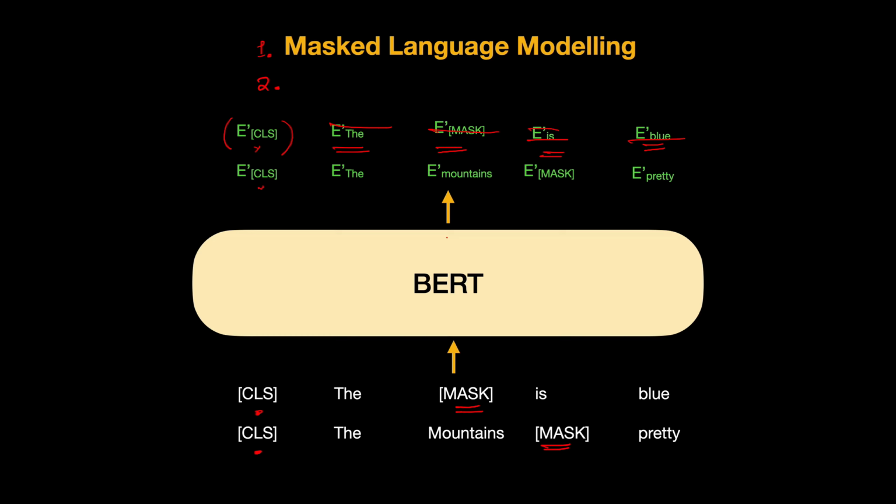But before I tell you that, I want to encourage you to think for yourself. What kind of task can we choose so that we can train BERT for sentence level classification? Also keep in mind that we don't want to manually label the dataset like for spam and not spam detection or sentiment analysis. We want to use general text available from books, internet, Wikipedia, online blogs, etc.